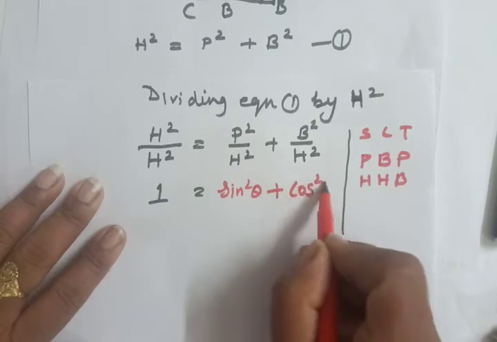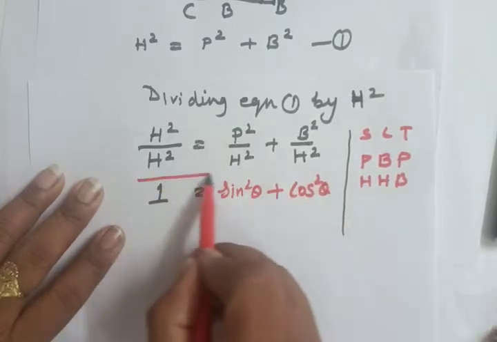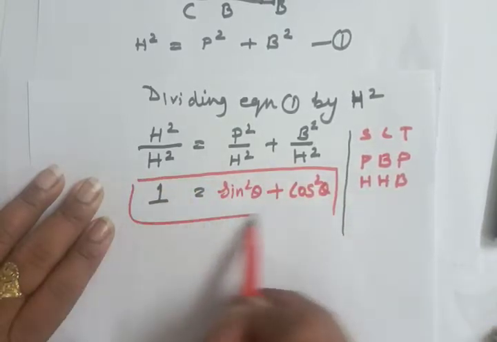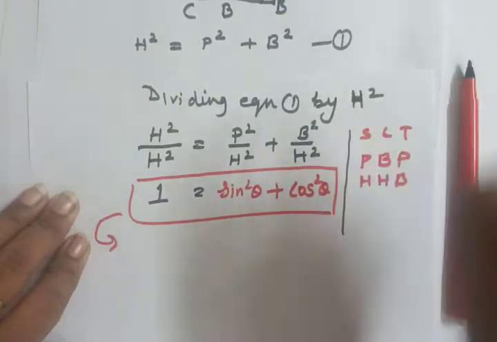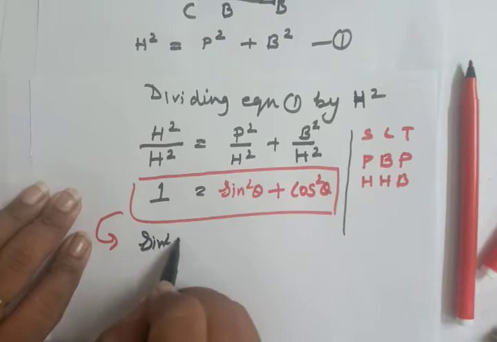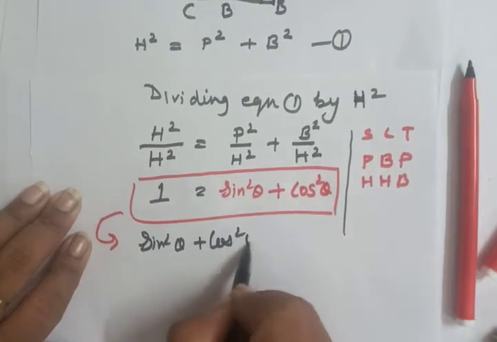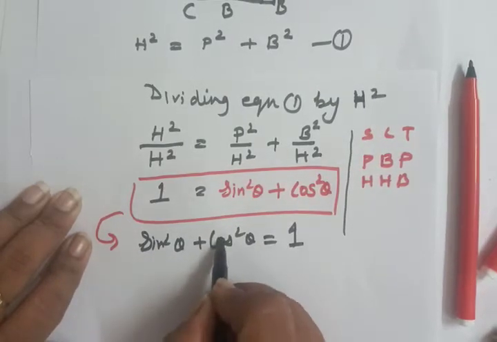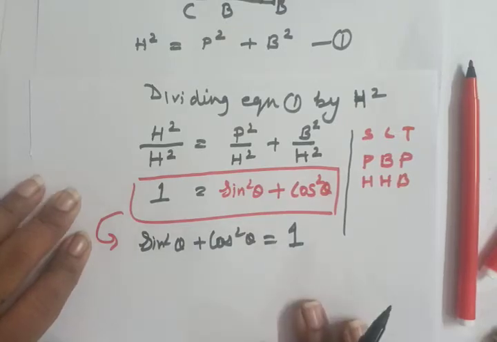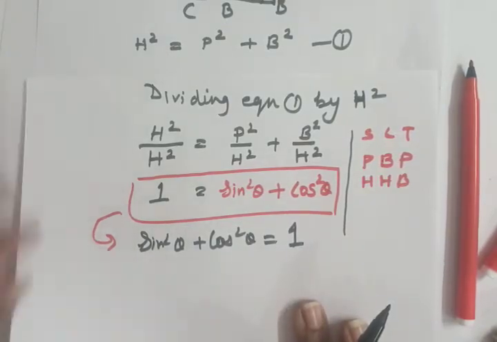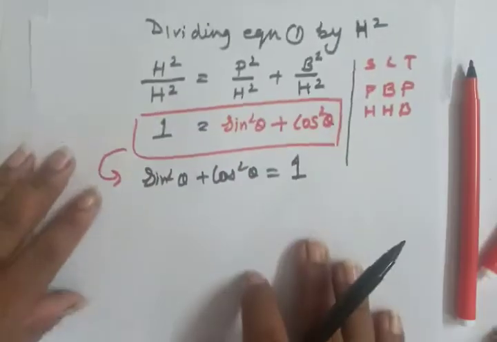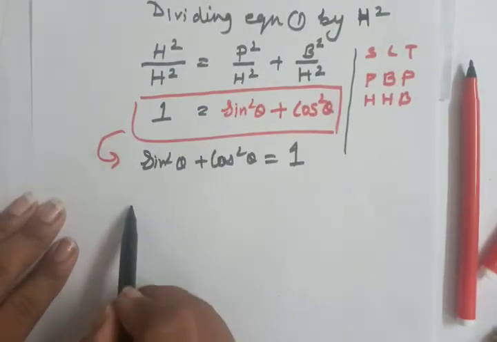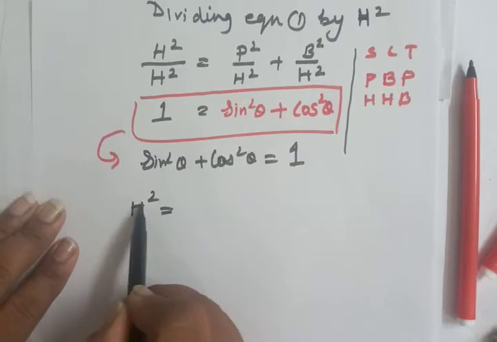So we have got the first identity: sine square theta plus cos square theta is always equal to 1. This is the very first and most important identity, and we have found it from the Pythagoras theorem. Again we are going to write the Pythagoras theorem.